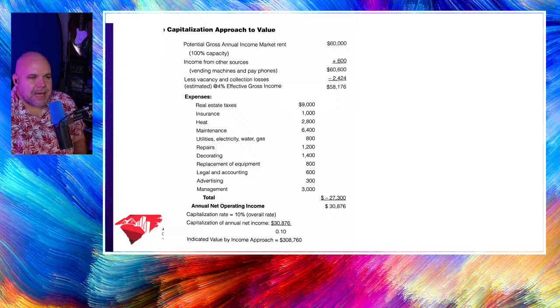With this given cap rate of properties like this and this NOI of this specific property, you probably shouldn't pay more than $308,760 for it. That's the practical application. That's also what the appraiser is going to tell you. Look, based on these numbers, it's worth $308,760. With me?